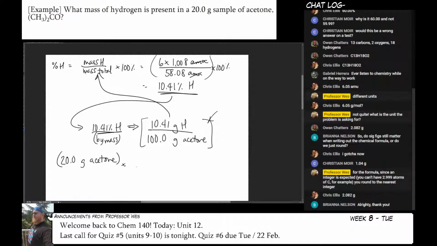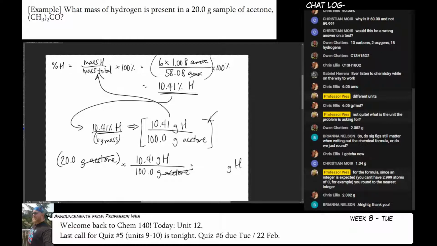I'm going to do it this way just to show you where the units go. So if you intuitively just said, oh, I'm going to just take that percentage, make it a decimal, and times it by 20, that's the right answer.